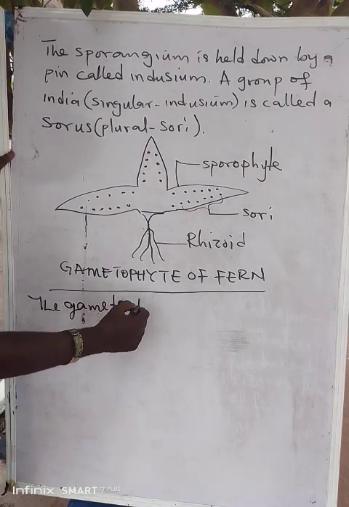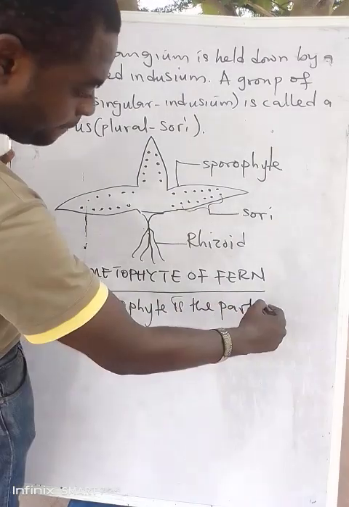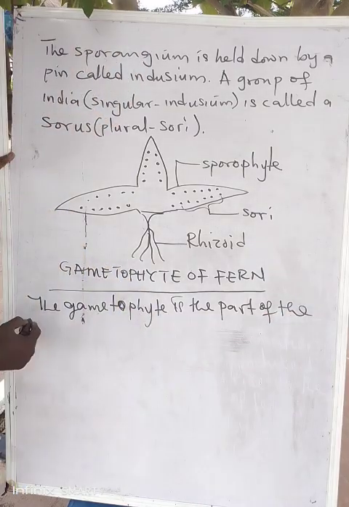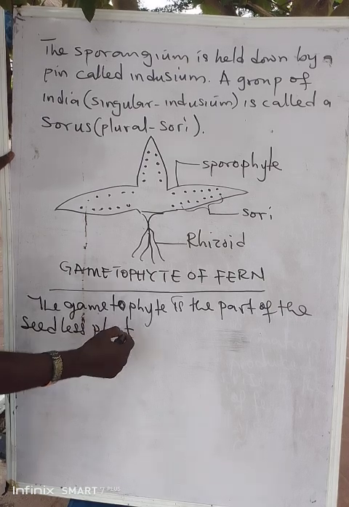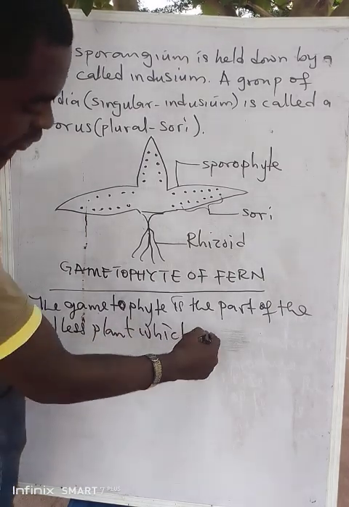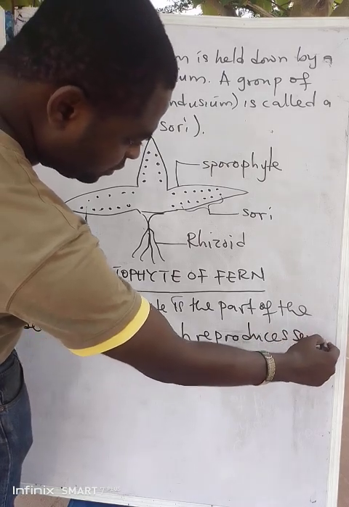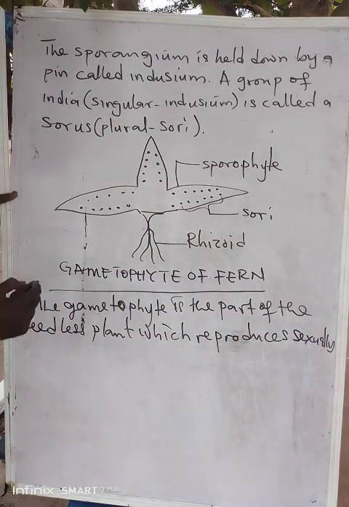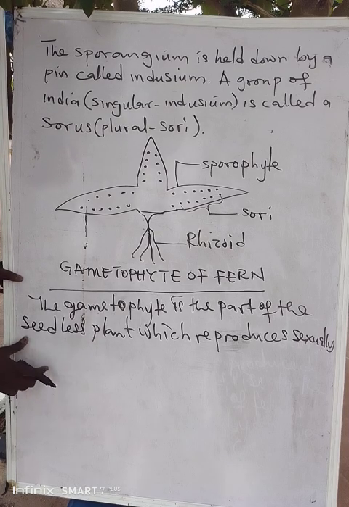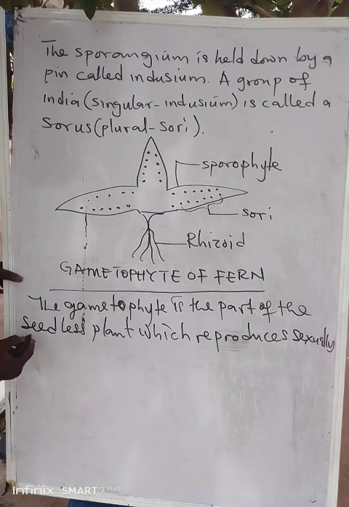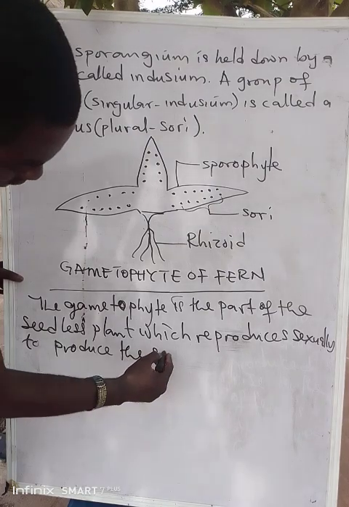The gametophyte is the part of the seedless plants which reproduces sexually to produce the sporophytes.